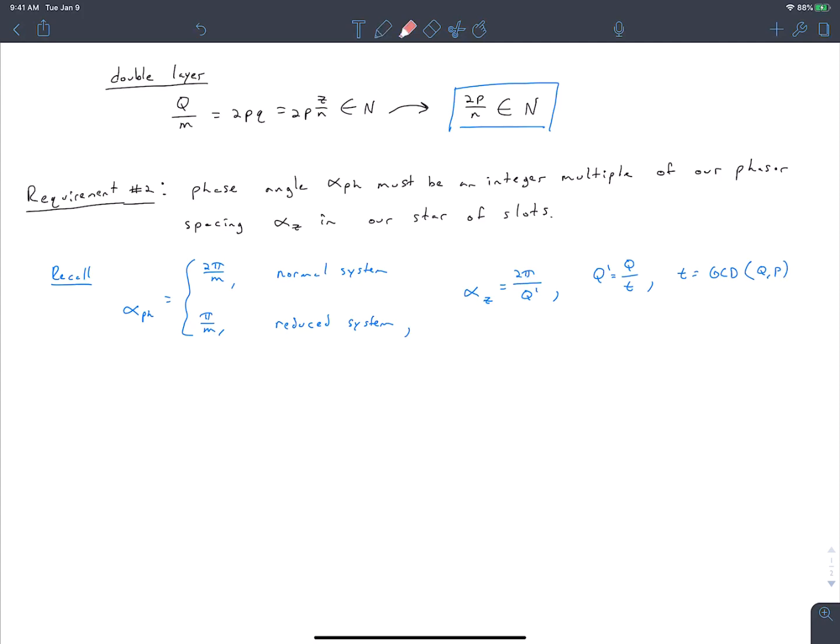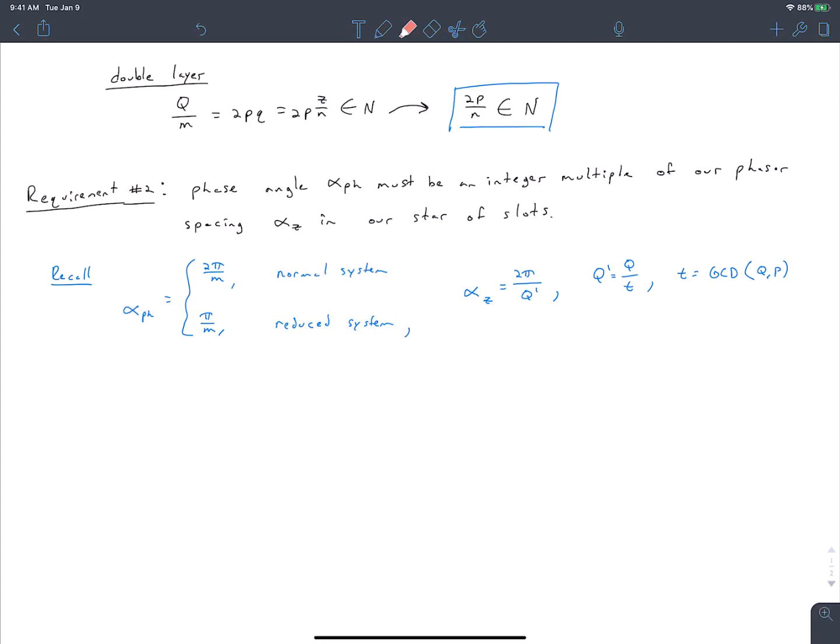And so if you will recall from our previous videos, we have given the calculation for the phase spacing between phases in a multi-phase system, depending on whether the system was a normal system, that is, it has an odd number of phases, or it was a reduced system, that is, it has an even number of phases.